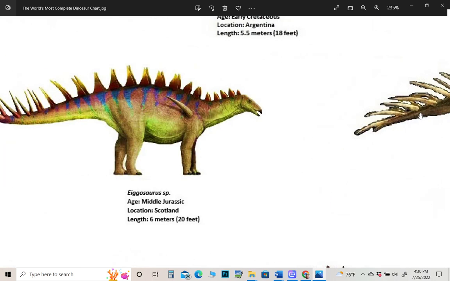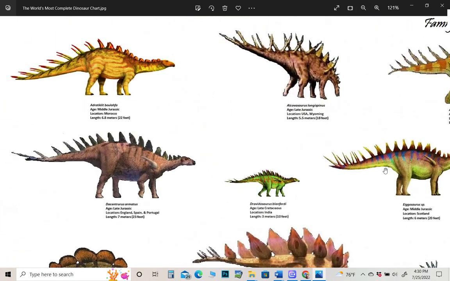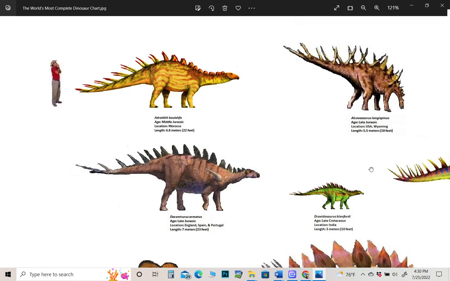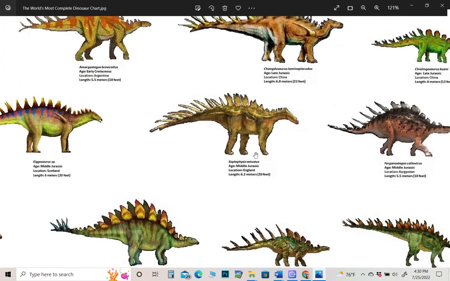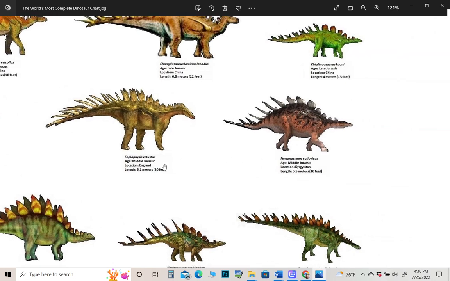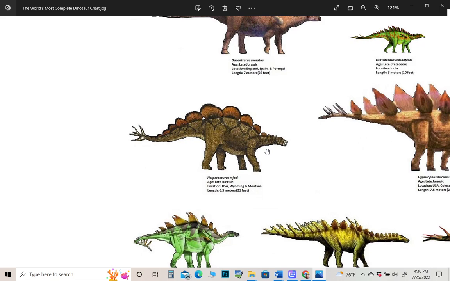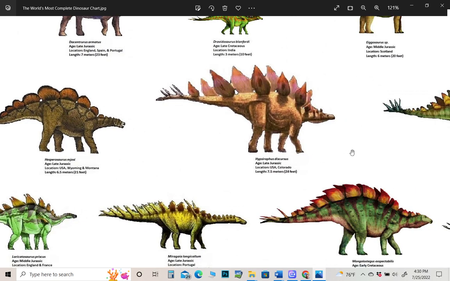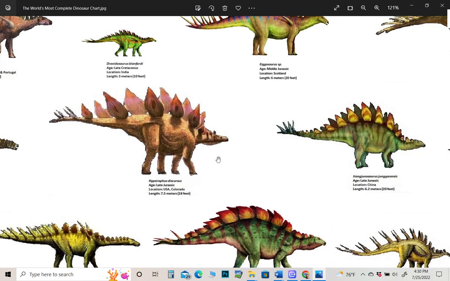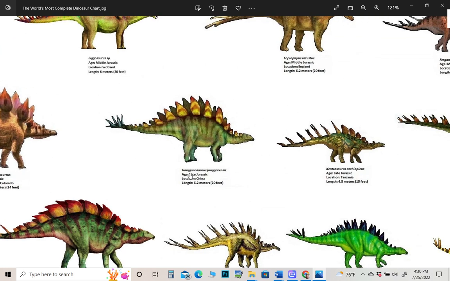Agustinia is kind of cute, isn't it? It's like the size of a Great Dane, or maybe a very small pony, more like a Great Dane size. Eoplophysis, Ferganastegos. This is another dubious genus, but added in. Hesperosaurus, Hypsirhophus, which I think might be a stegosaurus, but we're not certain.